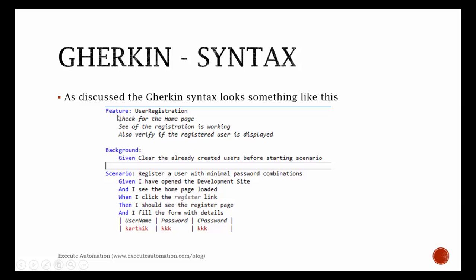Whatever scenarios we cover in this particular feature will have this description. It will check for a home page, check whether the registration is working, and also verify that the registered users are displayed in our development website.